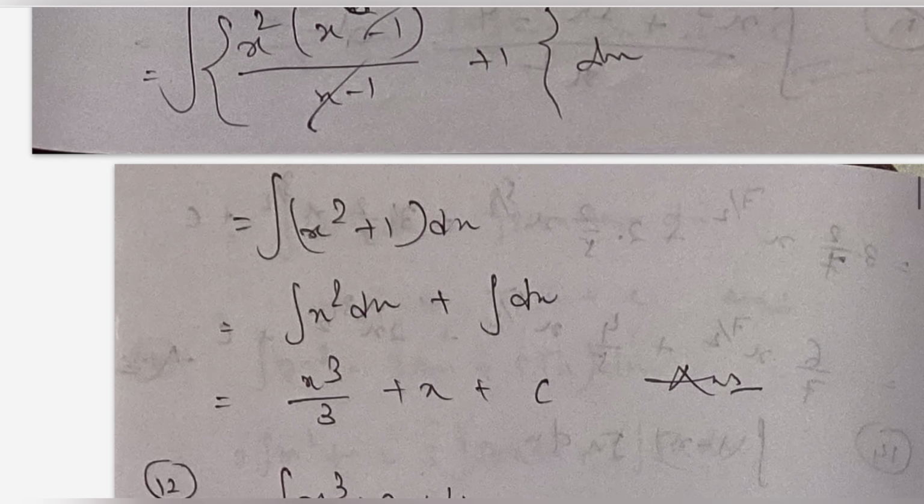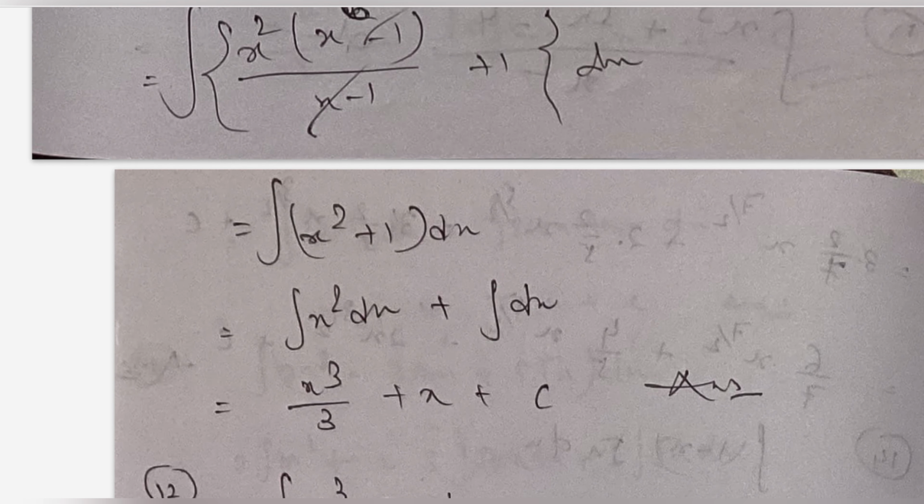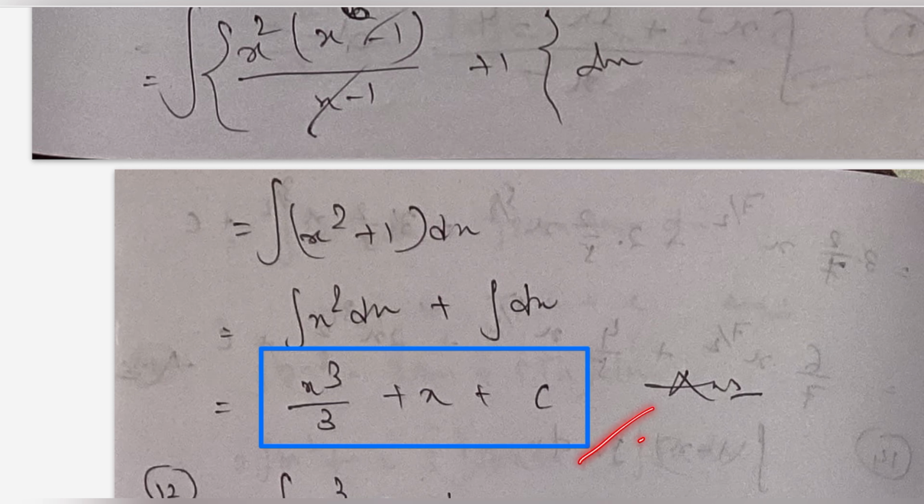Now just separate the terms and do integration, x square dx, and this 1 dx is dx only. So x square dx is x cubed by 3 and 1 dx is x only, and then plus c. So basically you have x cubed by 3 plus x plus c. That is your answer.